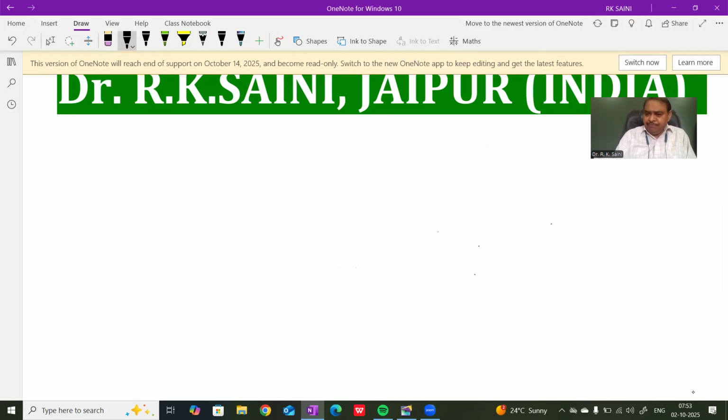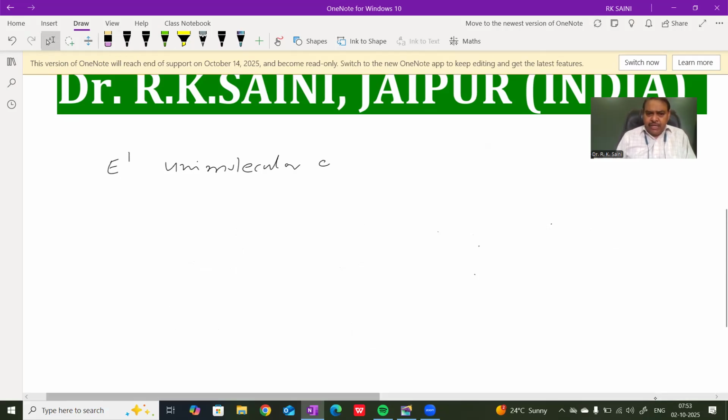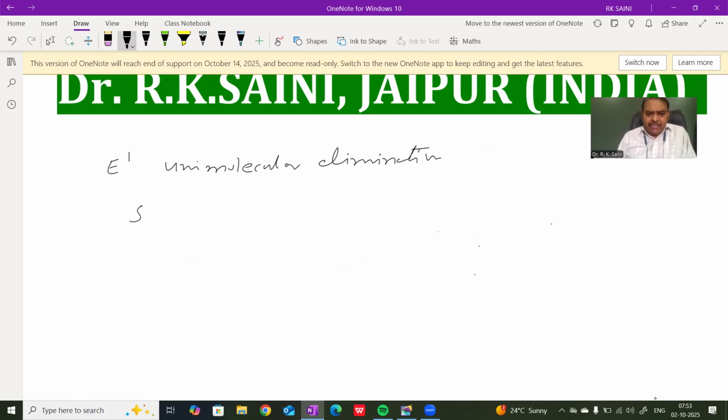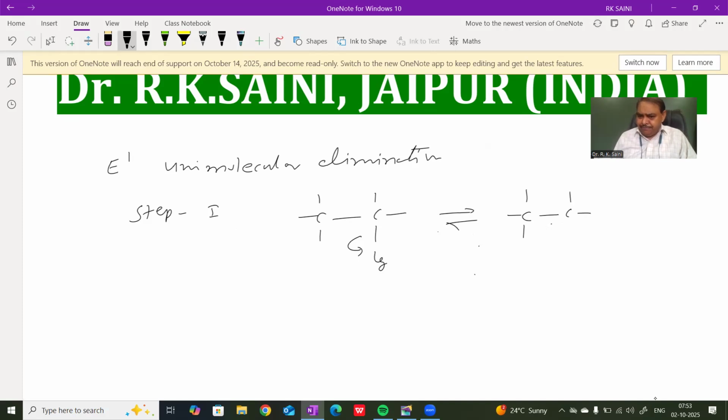In E1 reaction, elimination 1, which you call unimolecular elimination, it is a two-step mechanism. In step first, the leaving group leaves the substrate and changes into the carbonium ion or carbocation.